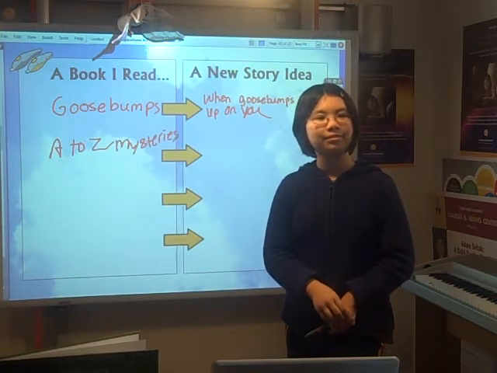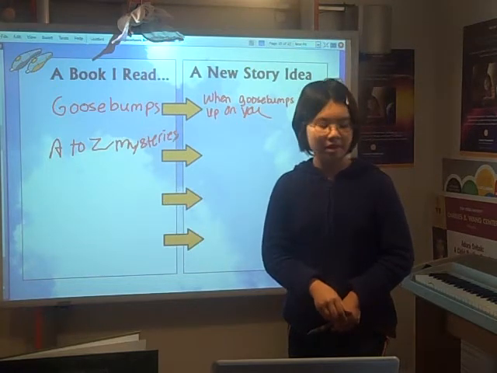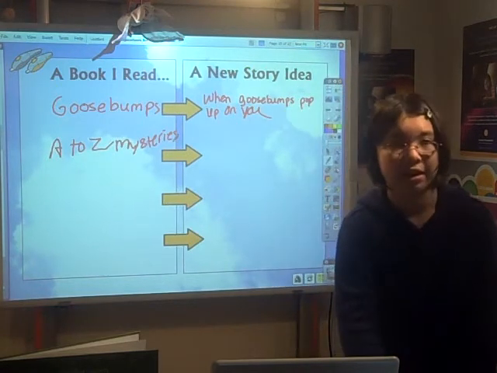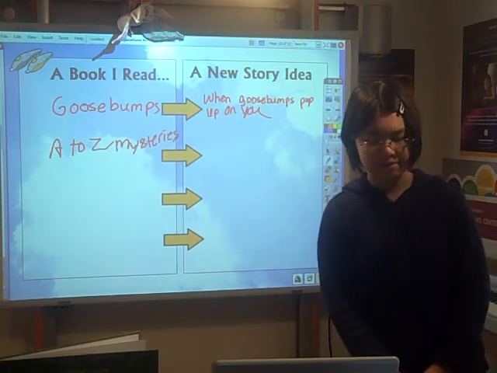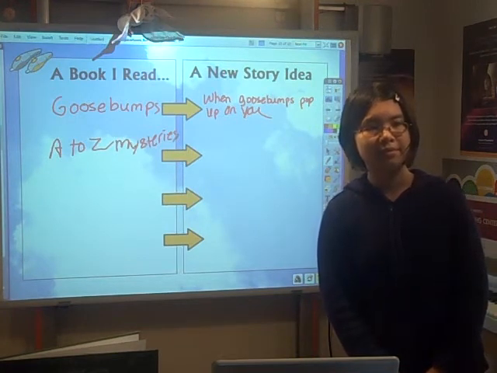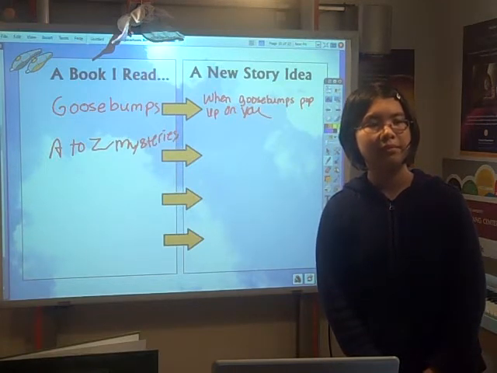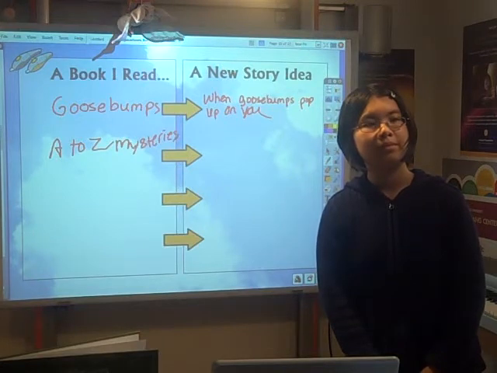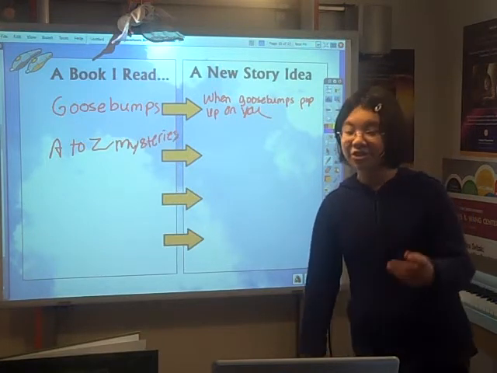So one day, the guy and the bad guy. The guy turned into a bad guy? I'm sorry? What did you say? Say it again. Maybe at the beginning, the good guy turns into a bad guy at the end. Interesting.